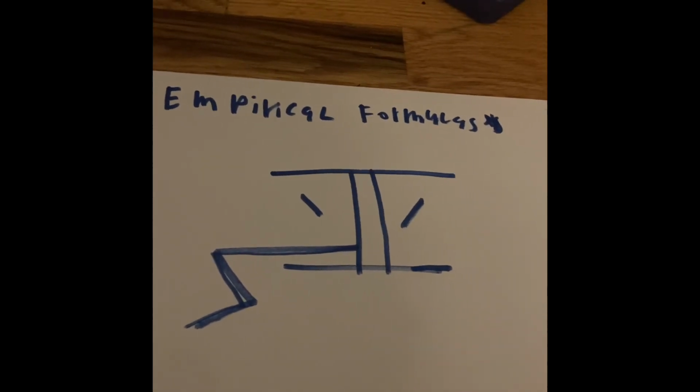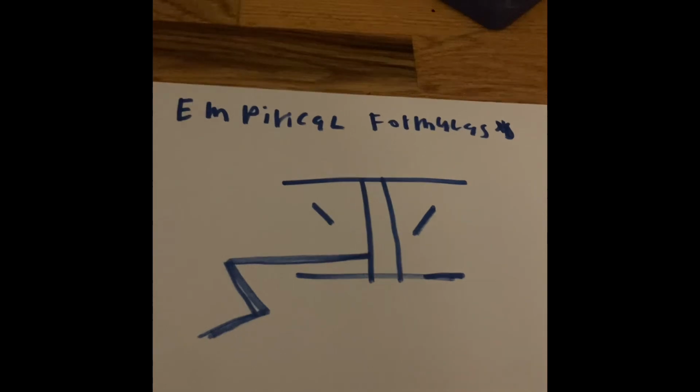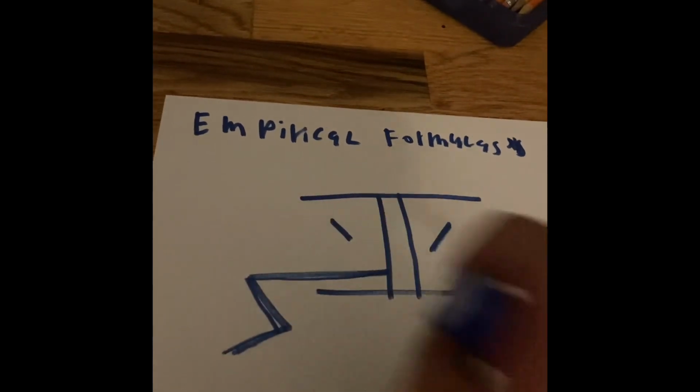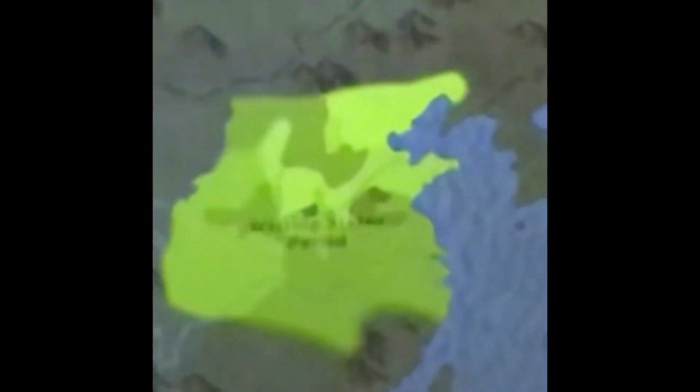Then one of them conquered them and unified them all and became one empire. Great Wall of China has been built.